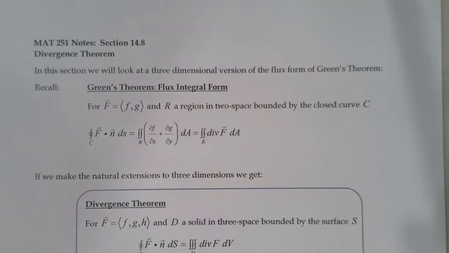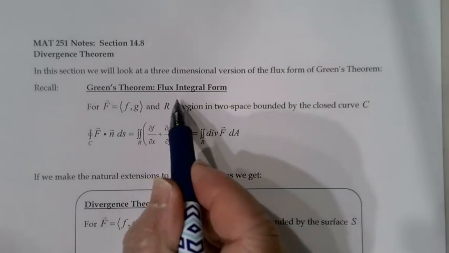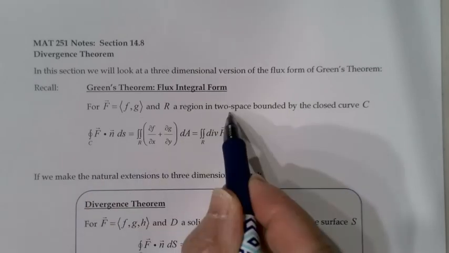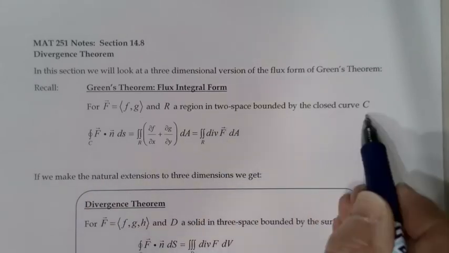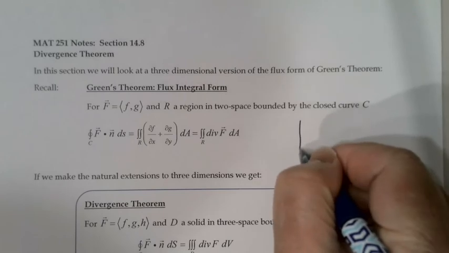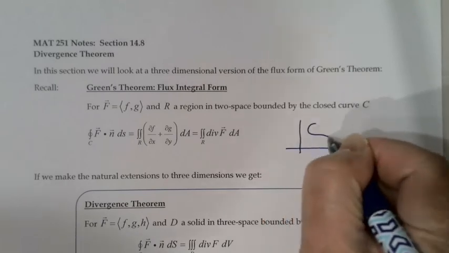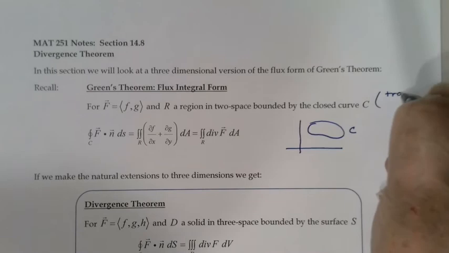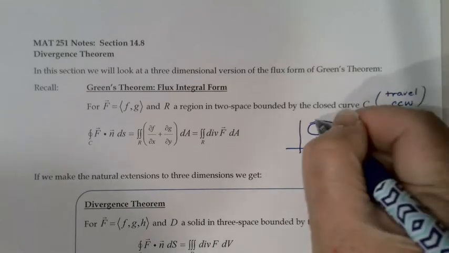So I'd like again to start by just reviewing the two-dimensional version. Here it is. If I have a two-dimensional vector field, R is a region in two space bounded by a closed curve C. So again, I've got some closed curve C. And I am really bad about saying this, but we have to travel counterclockwise.